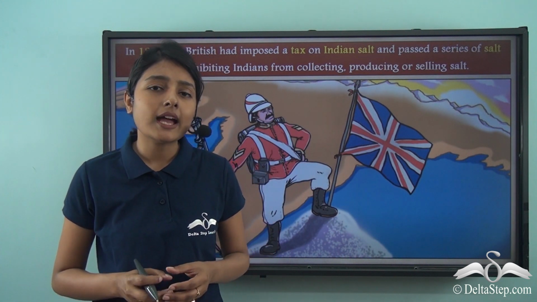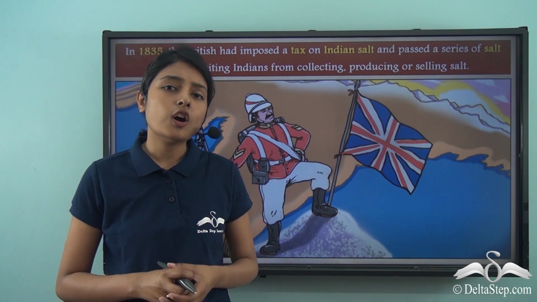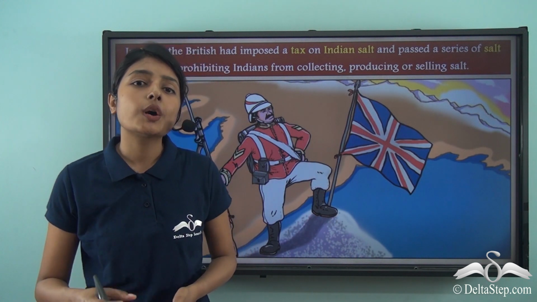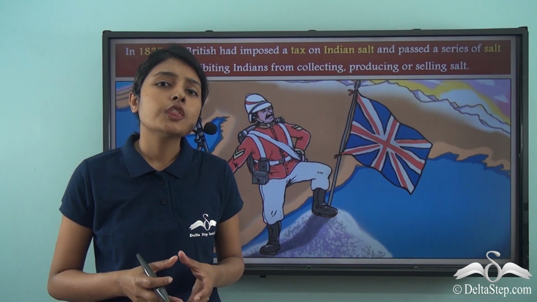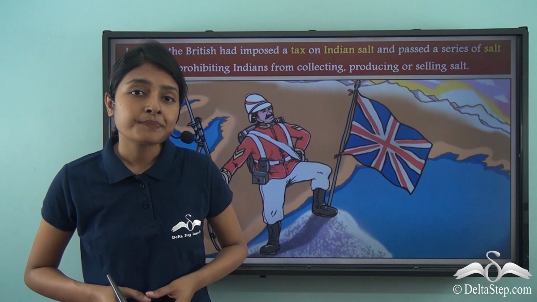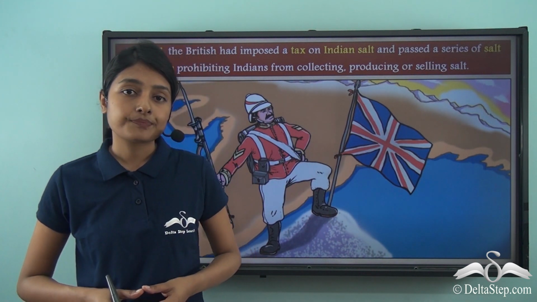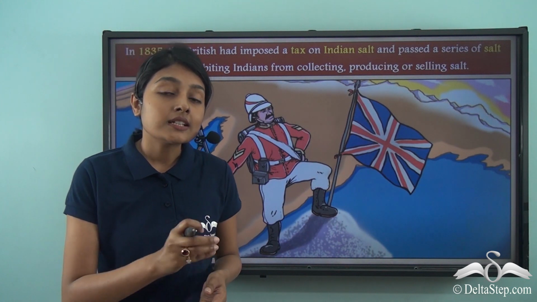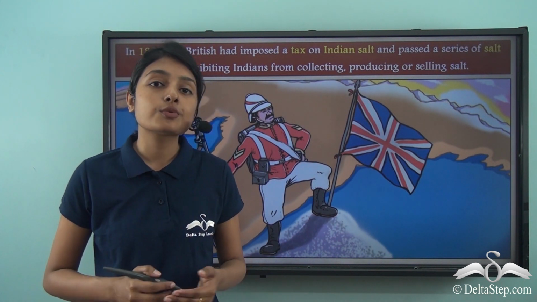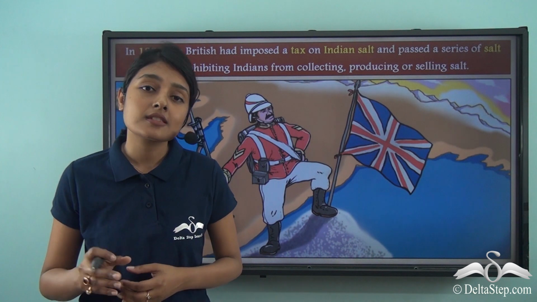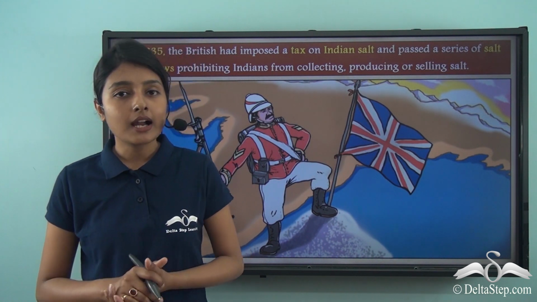Mahatma Gandhi knew that this abstract idea of dominion status or complete independence would not appeal much to the masses. The masses needed something with which they could relate. And so, certain things which were of importance to the masses had to be taken into consideration by Mahatma Gandhi.